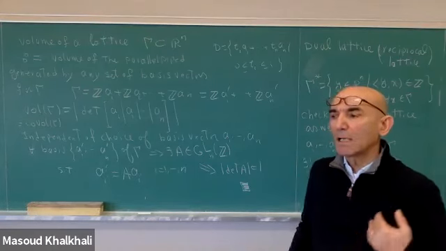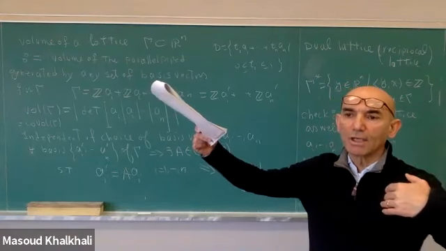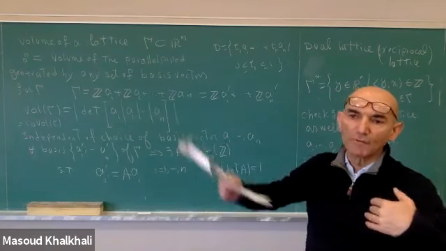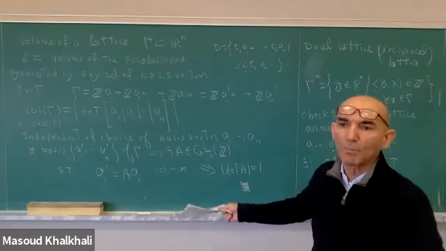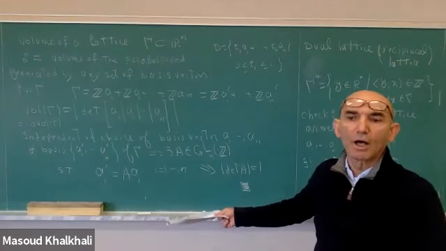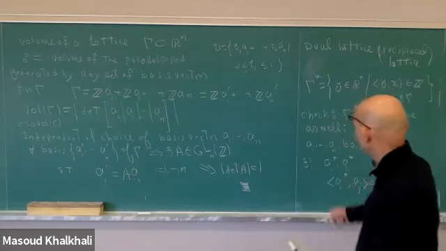Then you take the identification of Rn star with Rn using the Euclidean metric to come back down to Rn, and then you have this basis.